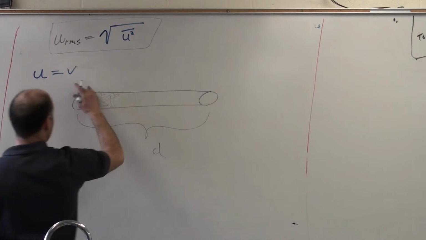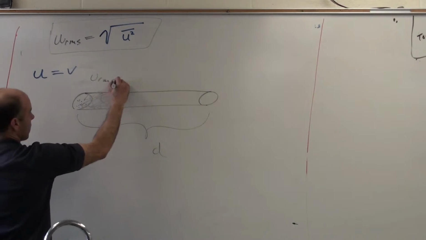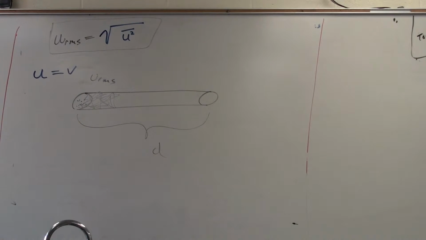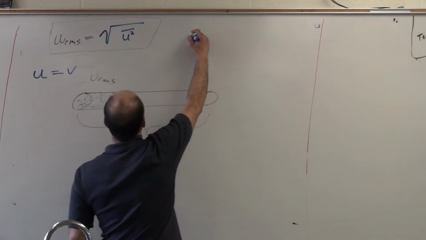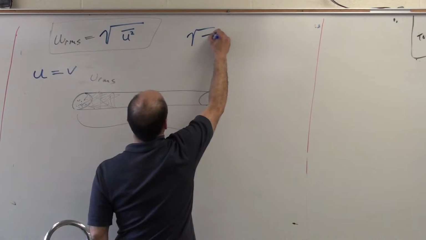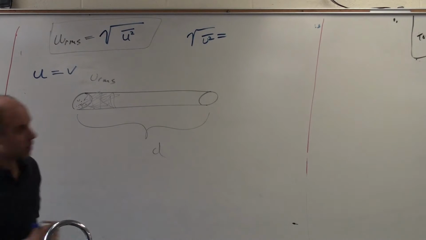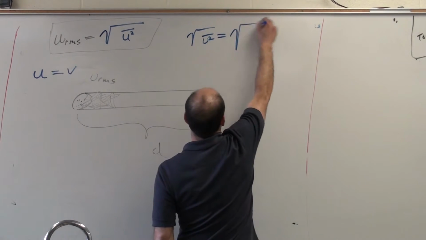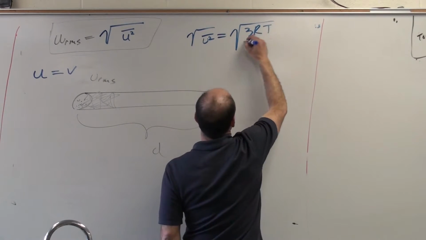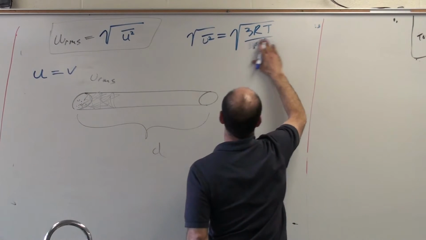I wouldn't use v, I would use the root mean squared. The root mean squared is equal to the square root of 3RT over M.